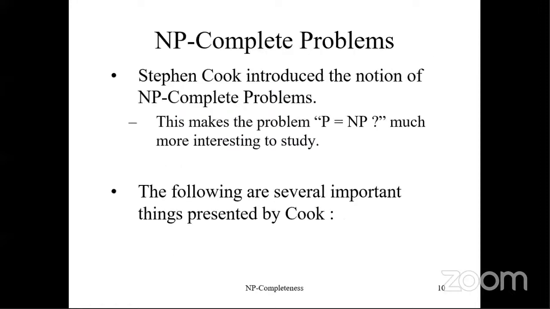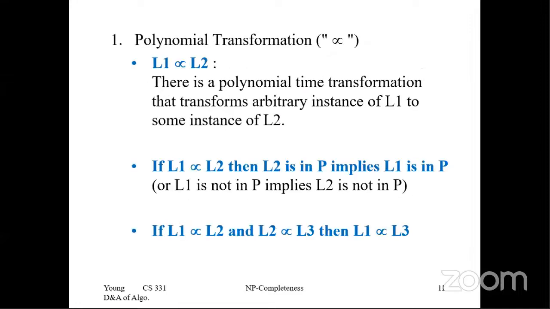So we have talked about P, we have talked about NP, now we are on NP complete. Stephen Cook introduced the notion of NP complete problems. This makes the problem P equals NP. And these are the things that were presented by Cook. There is a transformation from L1 to L2.